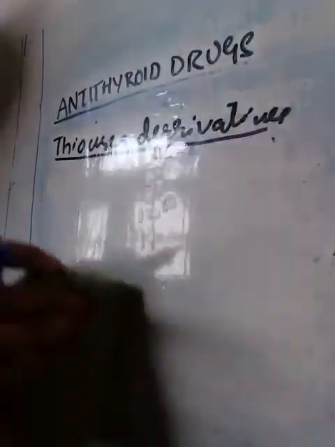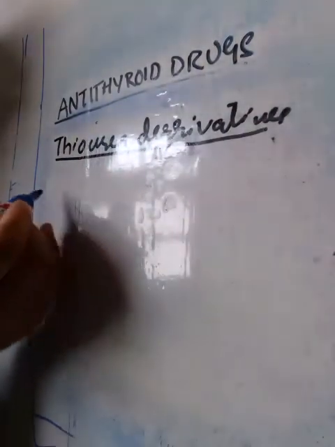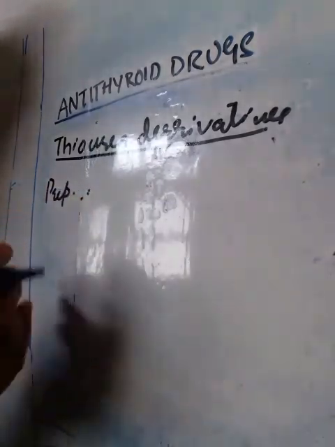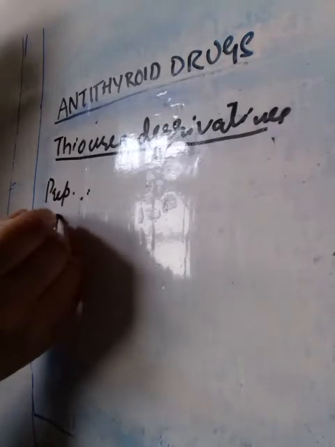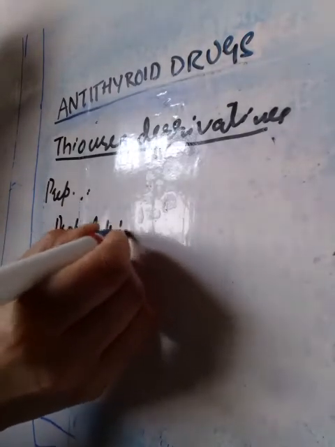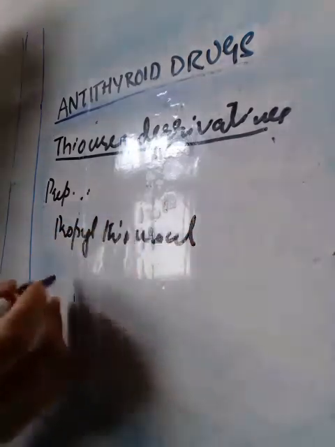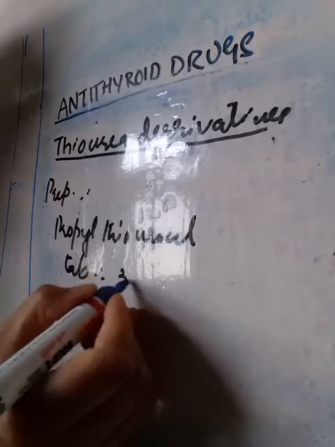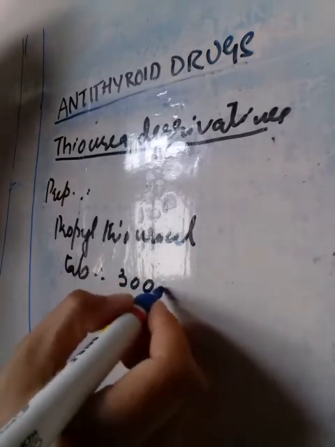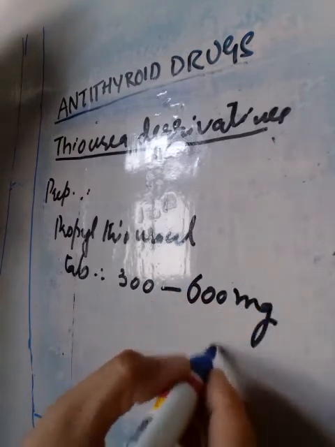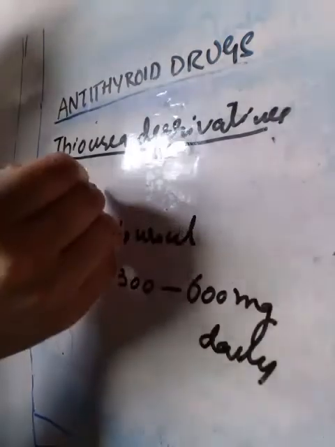Next now, preparations. We have propylthiouracil tablets, 300 to 600 milligrams daily. This is the preparation and dose.